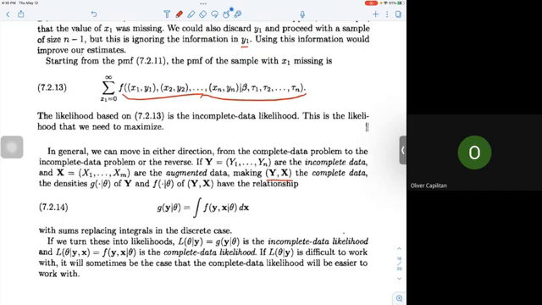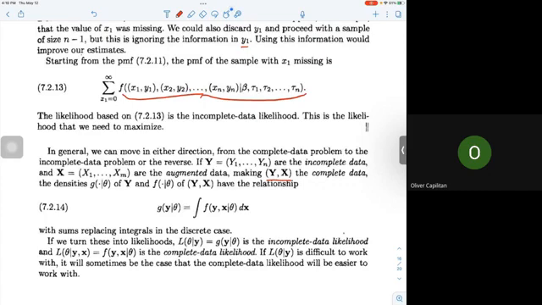And then the likelihood of the parameter theta given some observed sample y and x will be equal to this joint PDF also, f of y, x given theta, that is for the complete data likelihood.